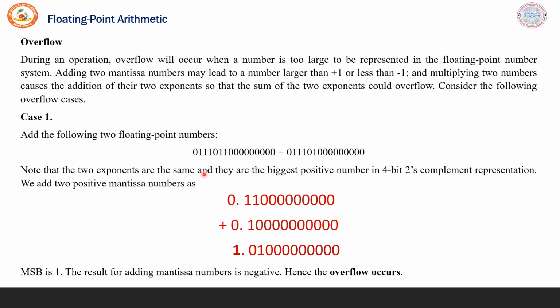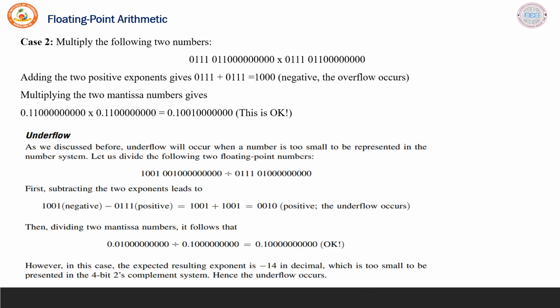So the exponent is plus 7. Now when we add the two positive mantissa numbers, the result that you get is shown here below. The result from adding the mantissa numbers is negative. You see the MSB is 1, so we should treat it as negative. Originally we had taken positive, but we are getting a negative answer. Hence there is an overflow.